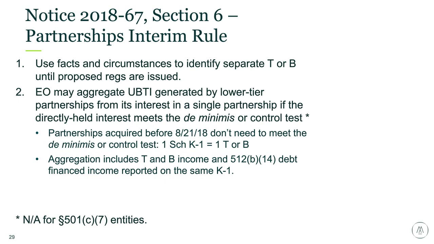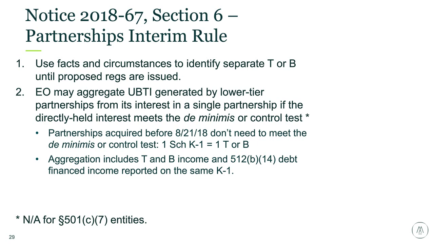For partnerships that were acquired before August 21st, 2018, each one of those K-1s is going to be considered investment activities, and it can all be aggregated together as investment activities. You don't need to consider separate trades or businesses within each K-1 for those.